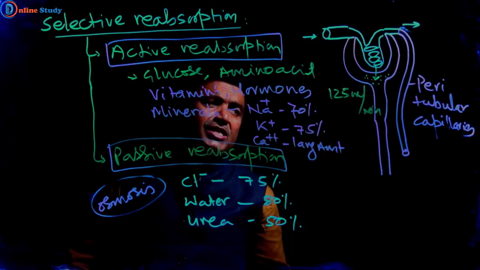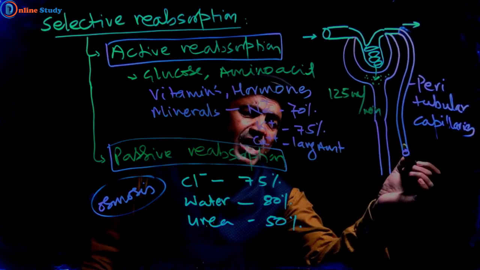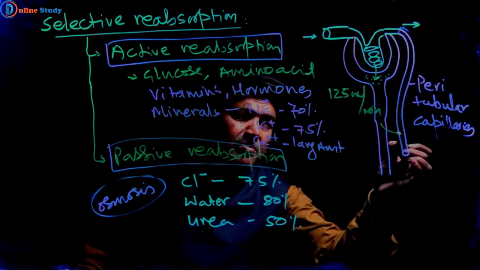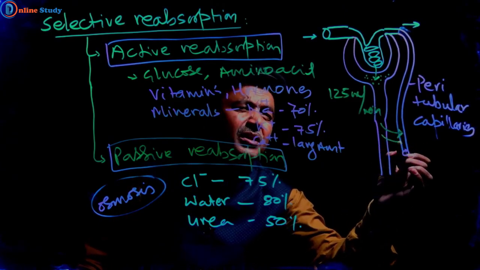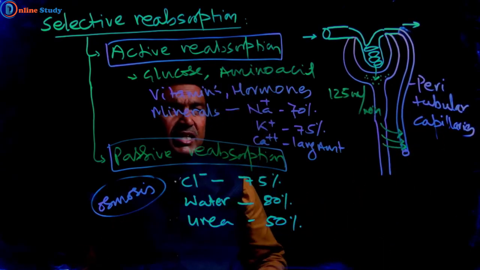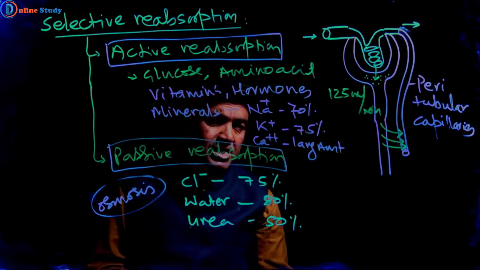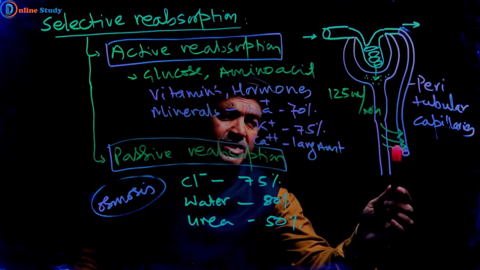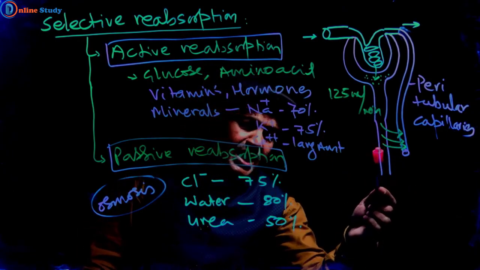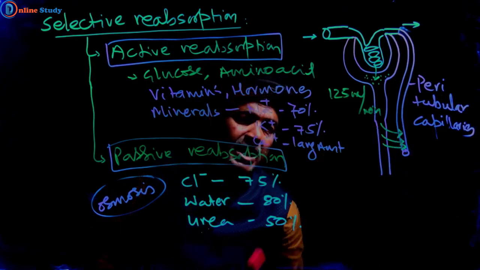Among this filtrate, the substances from the renal tubule are reabsorbed into peritubular capillaries. Now you will ask, what are the substances and in how much amount are they reabsorbed from the renal tubule into peritubular capillaries?